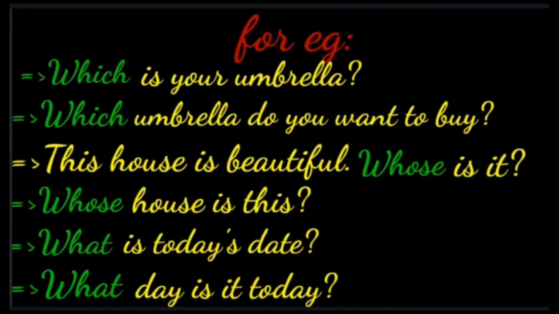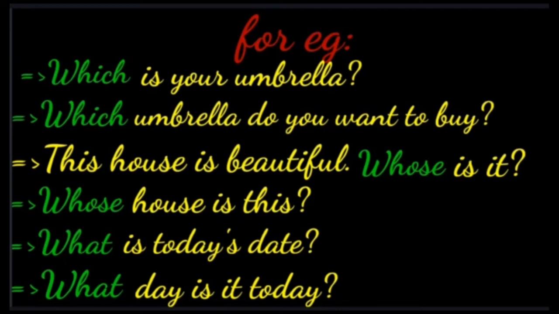They are interrogative pronouns. In the second sentence in each pair, which, whose and what give more information about the nouns umbrella, house and day. They come immediately before the nouns they describe. They are interrogative adjectives.